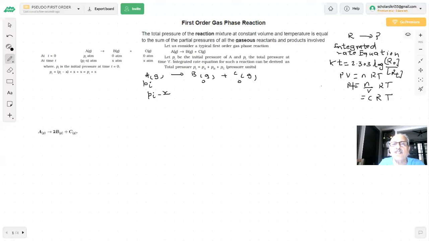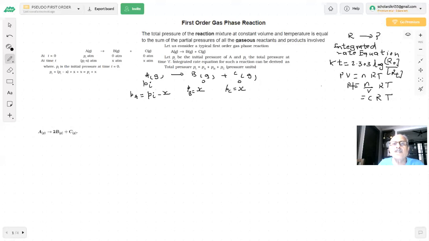As per this, 1 mole of A gives 1 mole of B and 1 mole of C. So the pressure of B and C will be X and X. After time t, these are the partial pressures. This is my PA, this is my partial pressure of B, and this is the partial pressure of C.